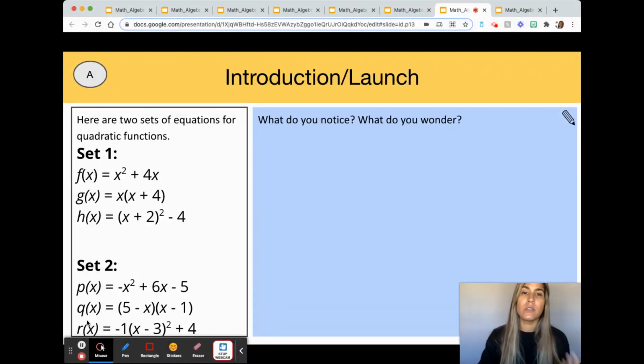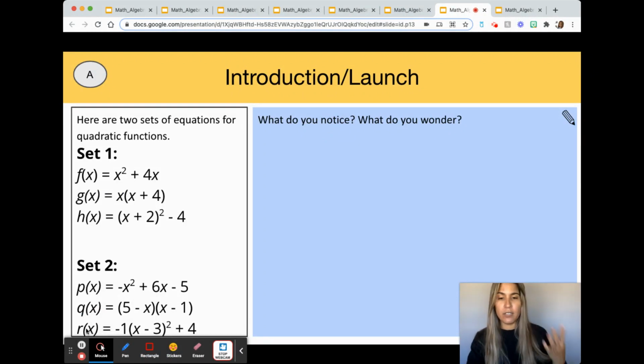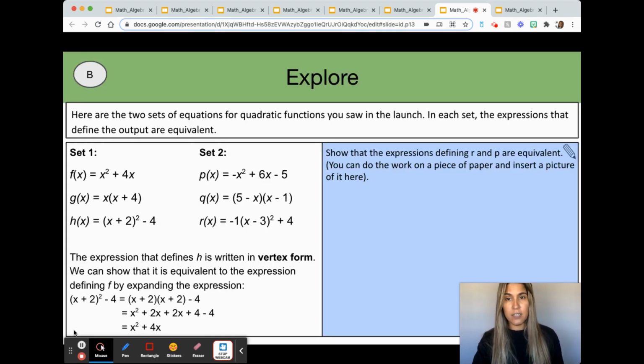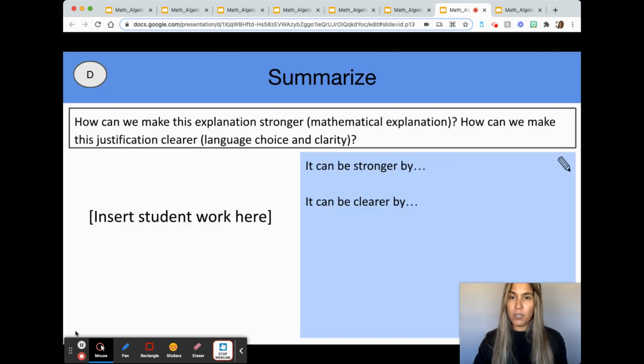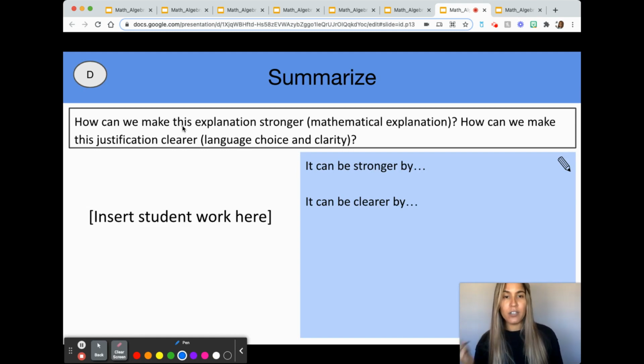Okay, so this lesson is where the kids are going to be seeing the introduction to their vertex form. And one thing that I would do in this first lesson is that in the summarize portion of the lesson, so they have their explore, and they have their summarize, where it says, how can we make this explanation stronger? And students can share their work.